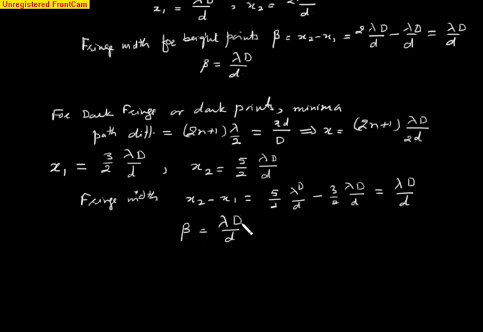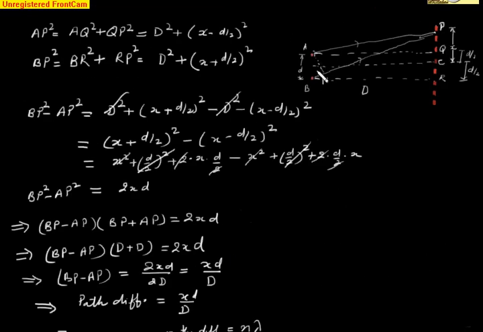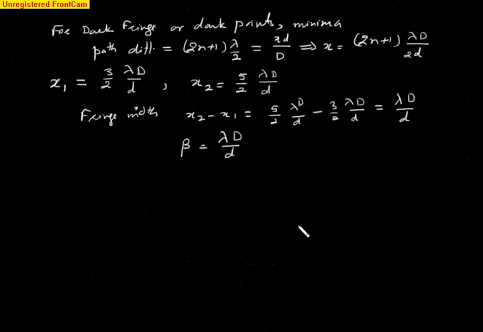If capital D is large, that means the distance between the coherent sources and the screen is large, then the fringes will be seen separately and clearly. And one more dependence is small d, the distance between the two slits. If these two slits are close, then the denominator will be small and beta will be large. Therefore, in that case also the fringes will be seen separate.